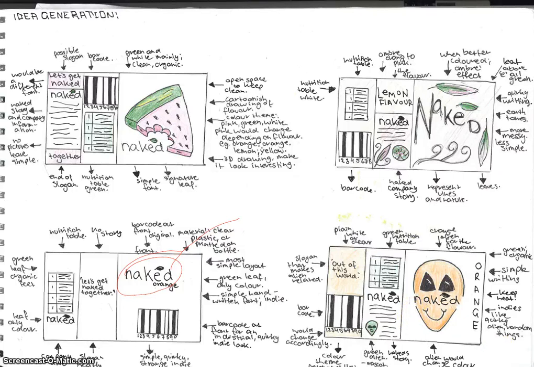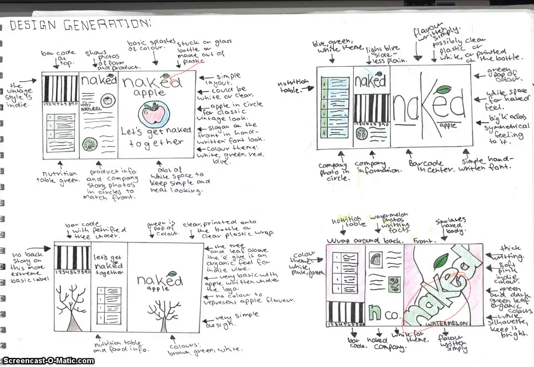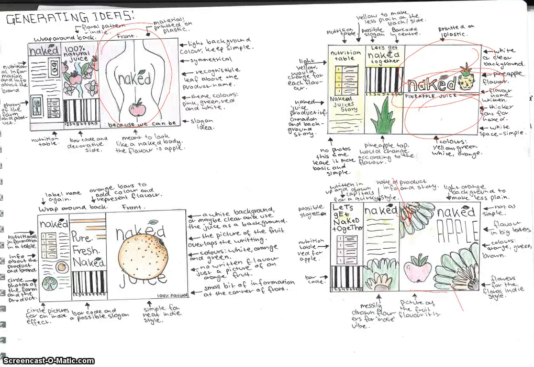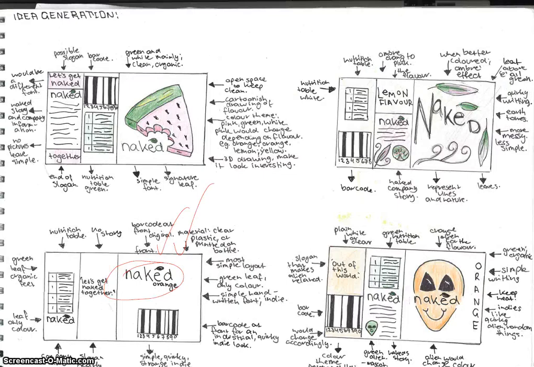Something like that might be really good, or showing fruit being peeled, which would be another way of indicating that all the extra ingredients that go into making juice are not there. It's just the raw elements. So maybe you need to do just a tiny bit more brainstorming to think about how you're going to convey that idea of rawness.